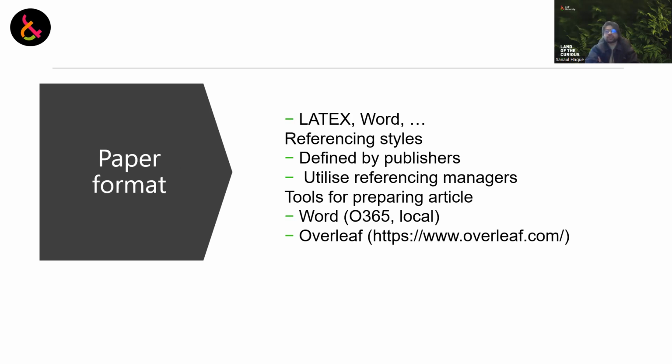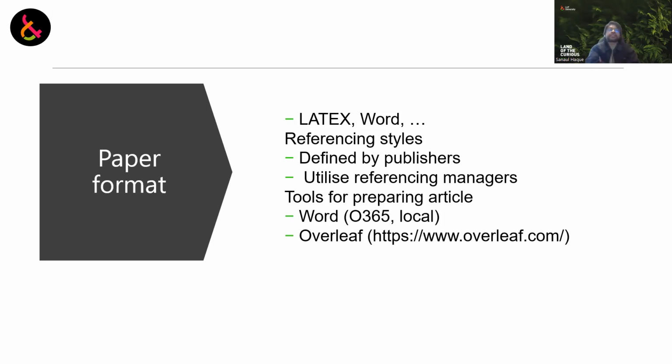And then Word, which a lot of people use a lot. You can basically download the Word formats of the journals or conferences. However, just to let you know, sometimes journals do not have any formats.